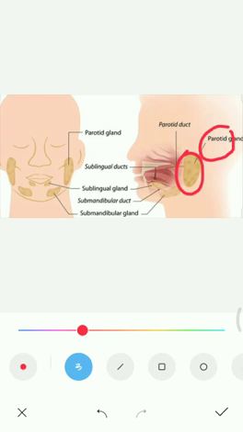When there is a viral infection, these parotid glands swell and there is also some pain, like maybe you have heard about mumps. The swelling and pain take place in the parotid gland because of the viral infection. So that is the first of the salivary glands.